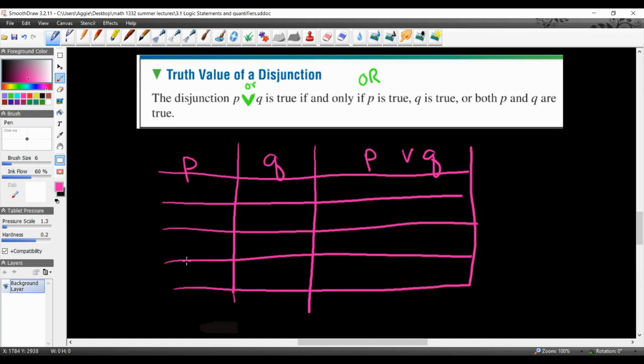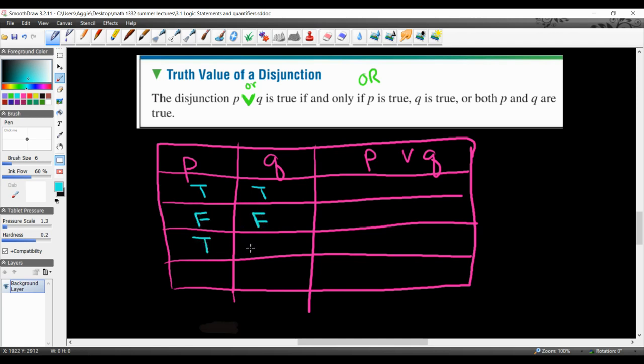These are horrible lines, but you get the idea. Just like the example before, we're going to put all the possible combinations. We have true and true, so they can both be true. They can both be false. P can be true and Q can be false. Or P can be false and Q can be true. And that's it. We have no other combinations, okay?